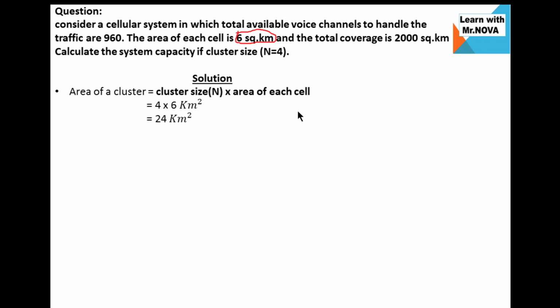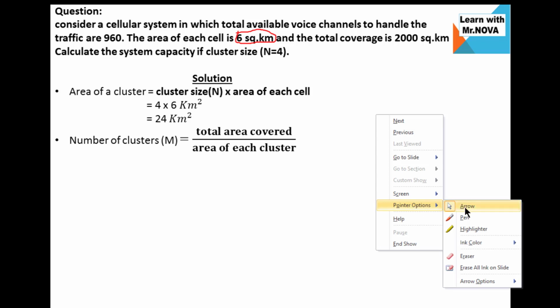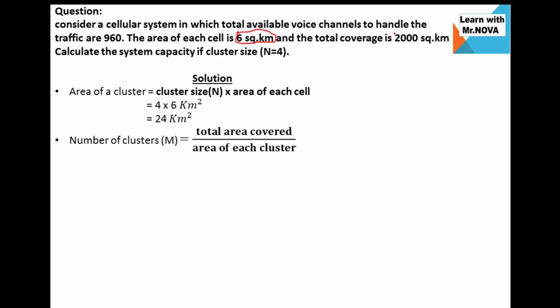The second step is for you to calculate the number of clusters. The formula to calculate the number of clusters is simply the total area covered, which is 2000 kilometers square, divided by the area of each cluster. We have already calculated the area of each cluster as 24 kilometers square.